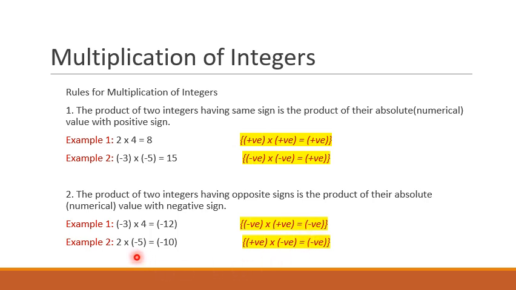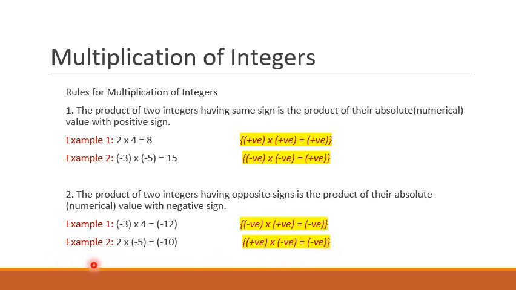Now let's see another example. Here plus 2 multiplied by minus 5. So the two integers they are having opposite sign. We multiply their numerical values. 2 multiplied by 5 gives me 10 and the answer will have a negative sign. So again one positive, other negative number will give me negative answer.